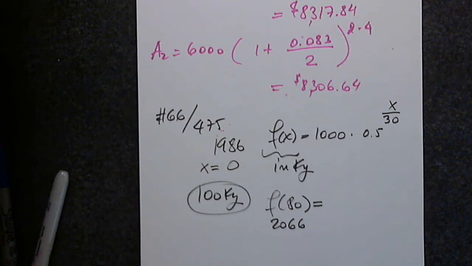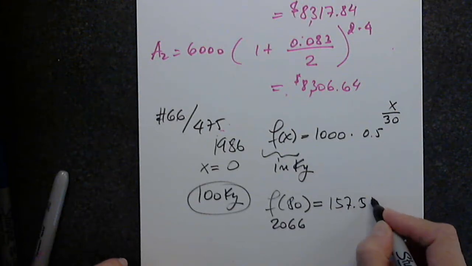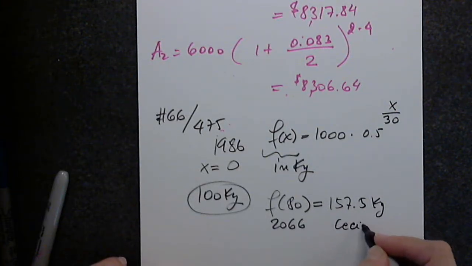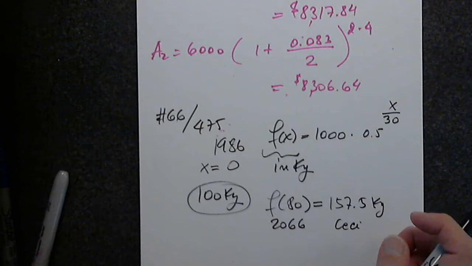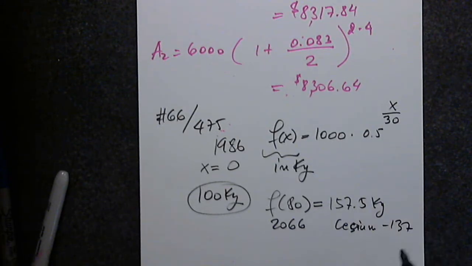If the answer is above 100, you will say to those people, and it happens to be 157.5 kilograms of cesium-137 in the atmosphere around the Chernobyl area. So what would you say? They should not go back. They should not go back, not even in 2066.